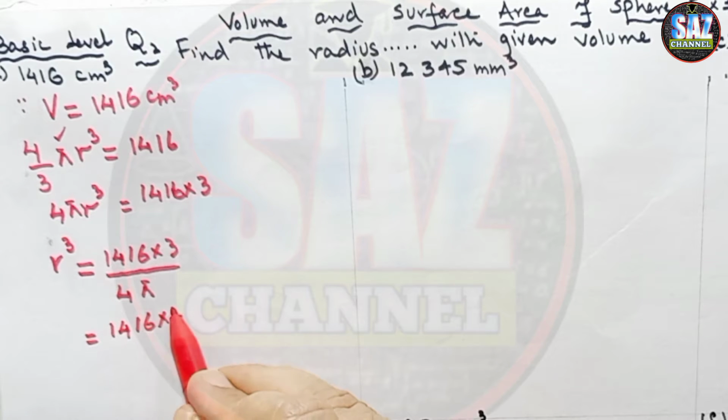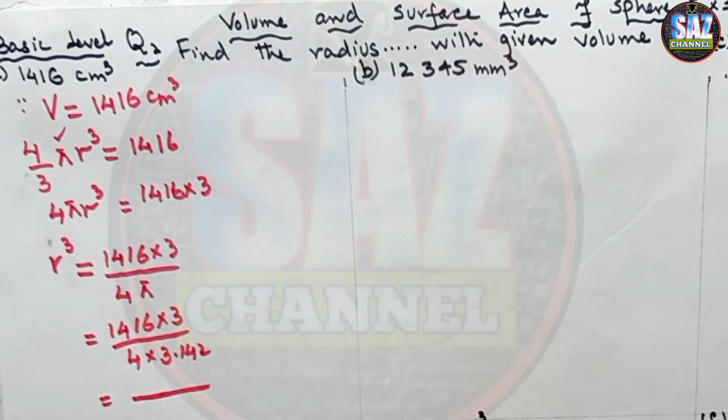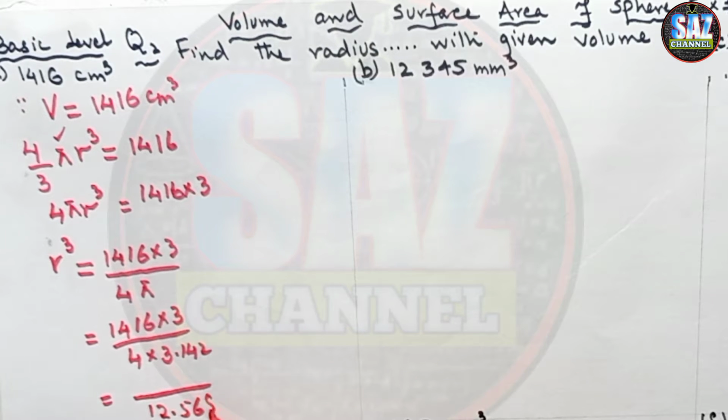First I have to simplify the denominator, that is 4 multiplied by 3.142, and this gives me 12.568. Then 1416 multiplied by 3 gives me 4248.